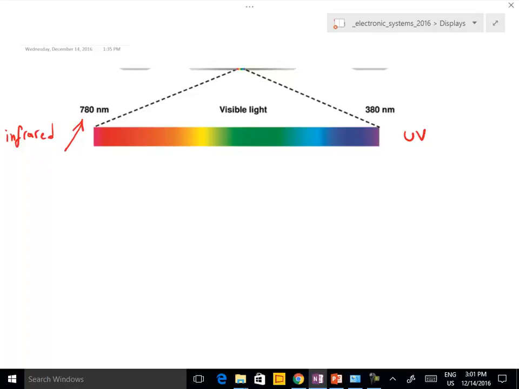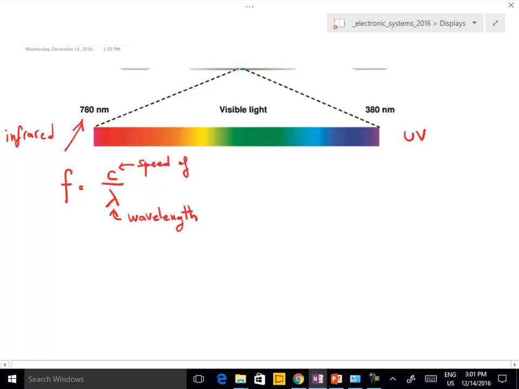The frequency is related to the wavelength through this relationship, where lambda is the wavelength of the electromagnetic radiation, c is the so-called speed of light, the propagation velocity of the electromagnetic radiation, and it's a universal constant.